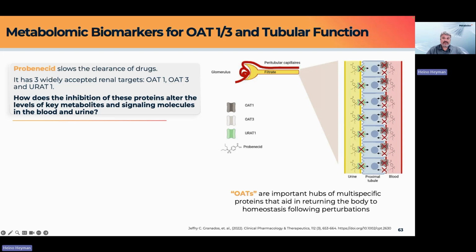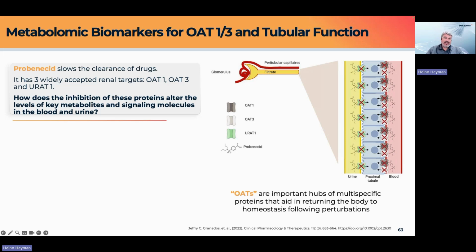Probenecid is also used as an inhibitor of several transporters of organic anions for in vitro studies in the research setting. And probenecid is also known for impacting 3 widely accepted in vivo renal targets, primarily expressed in the proximal tubules.